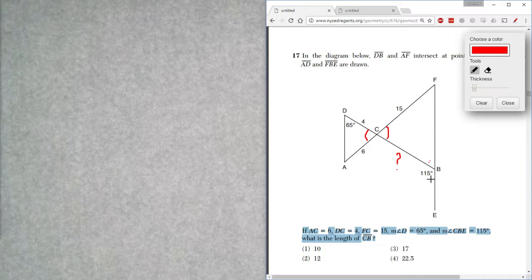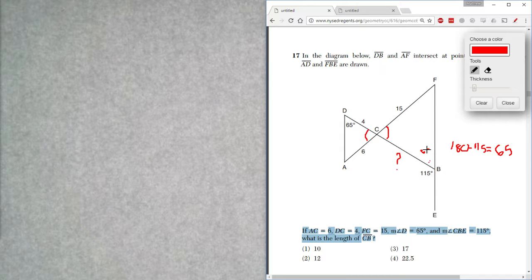They need to add up to be 180. So I can say 180 minus 115, and that should get me 65. Right, 65. So that means that this angle is 65.